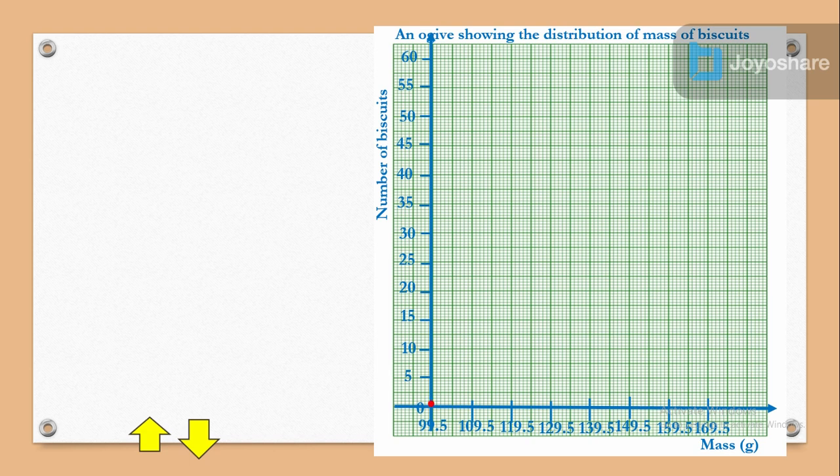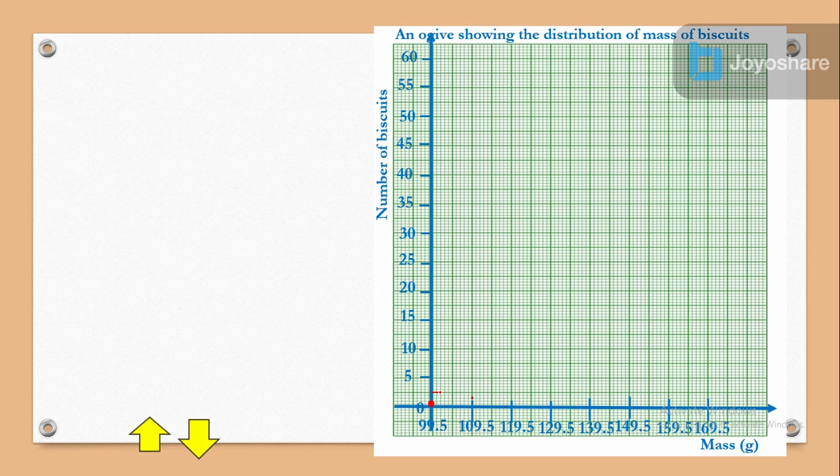Now, just to give you some analysis. At 99.5, we have plotted at 0. Next, you're going to plot a 4. Now my scale, if you look at this, according to the graph I'm using, from here up to here is 5. It means that midway here is 2.5.